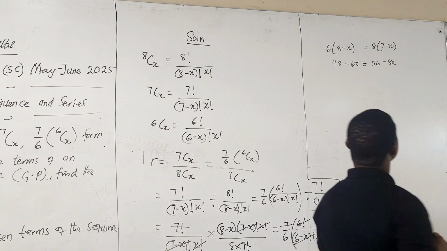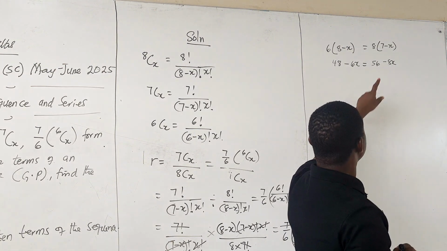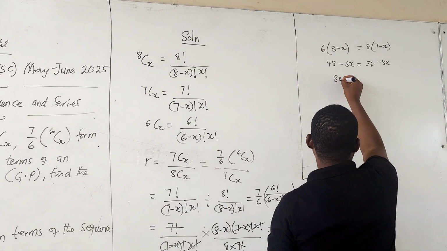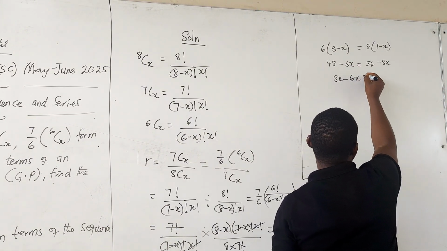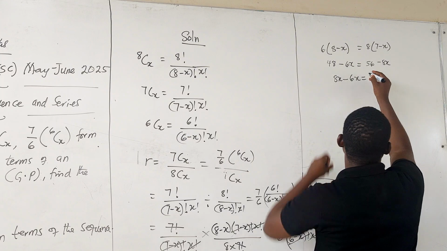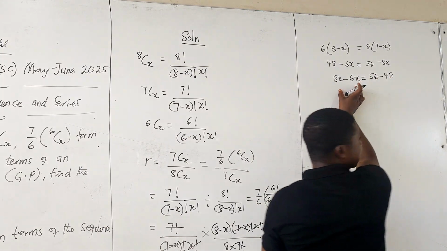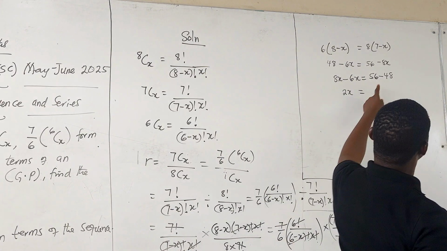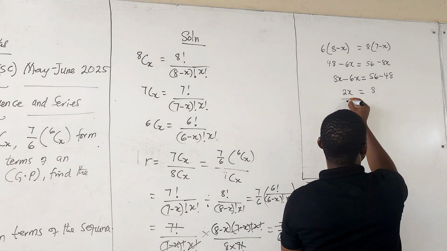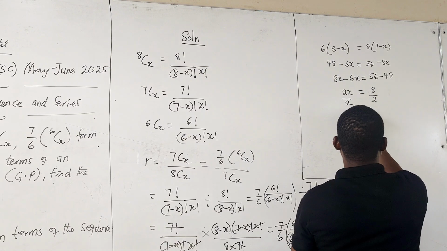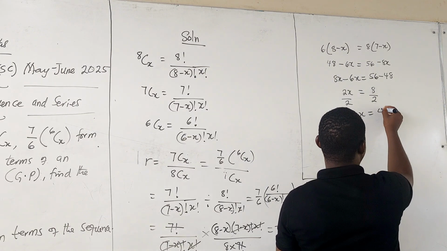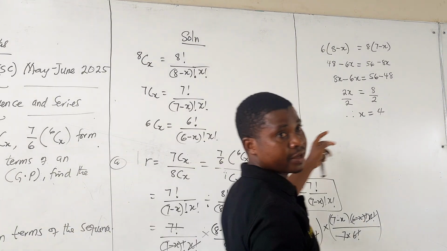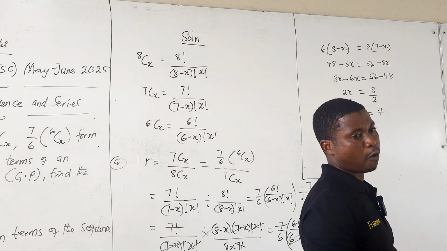Now we group our like terms: 8x minus 6x is equal to 56 minus 48. So 2x is equal to 8. Divide both sides by 2. Therefore, x is equal to 4. So our A part, x is equal to 4.